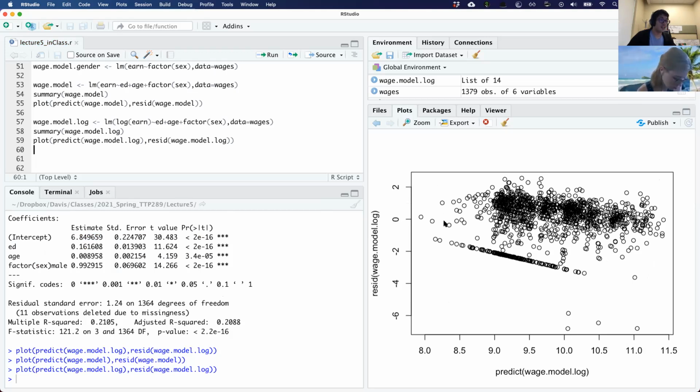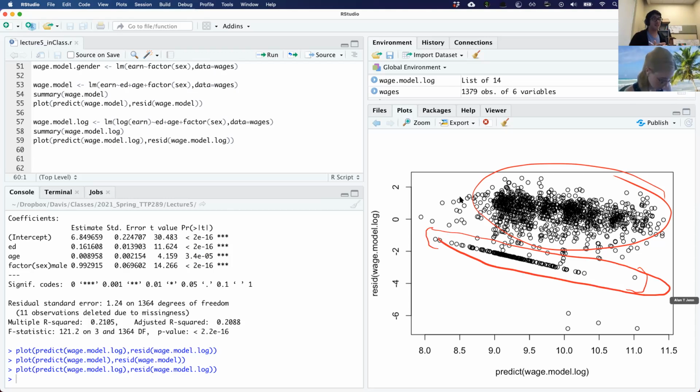Everything here in the top portion, let me circle it actually, looks fairly randomly distributed, and I'm happy with that. But we've still got this weird set of data points here, which is clearly not randomly distributed. So I suspect there is still some systematic bias in our estimation, because you shouldn't be seeing this type of thing happening.